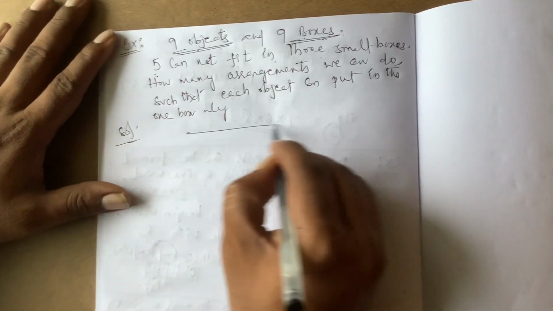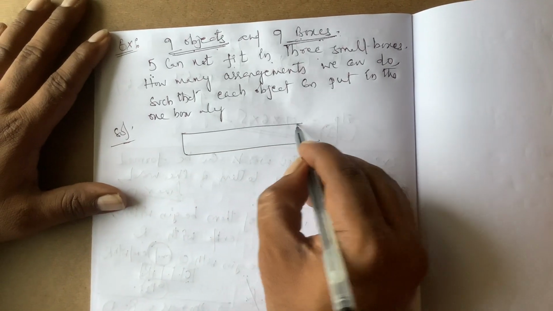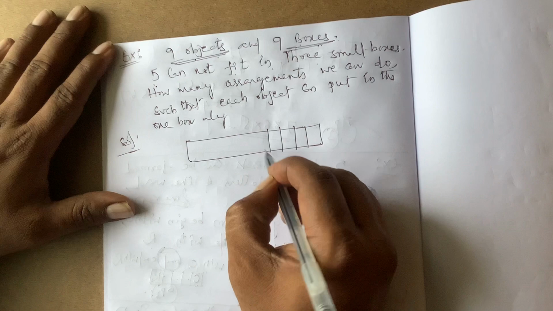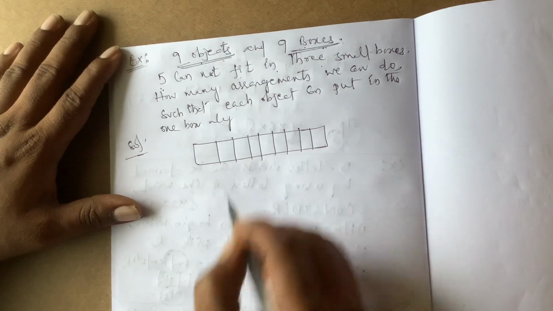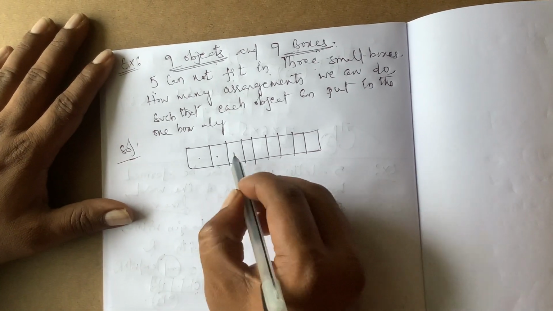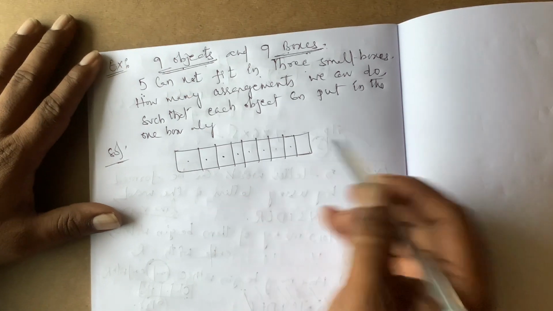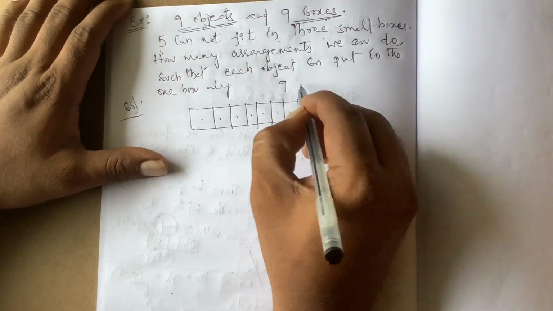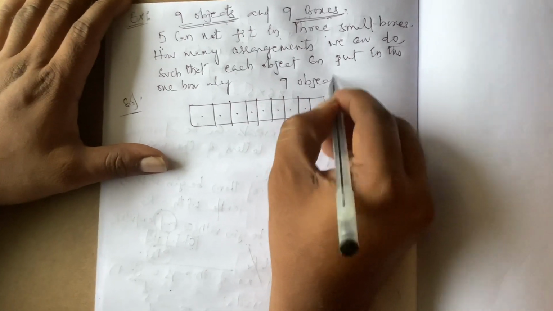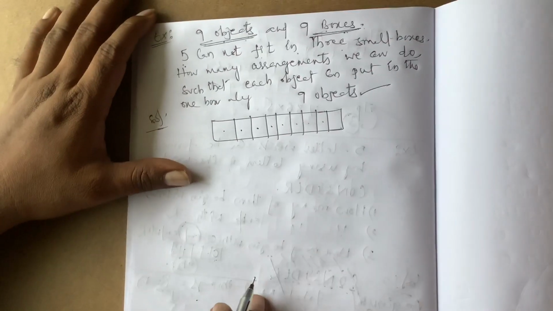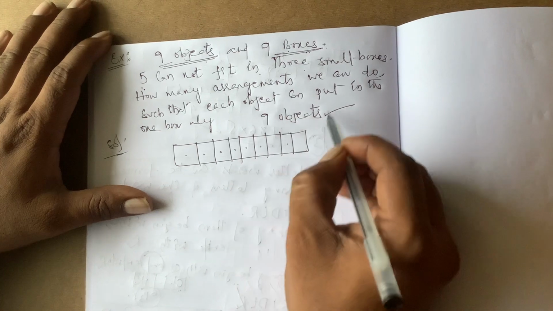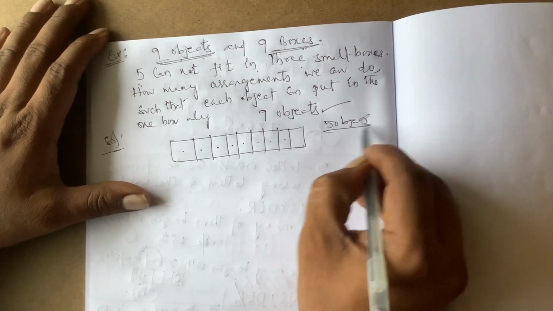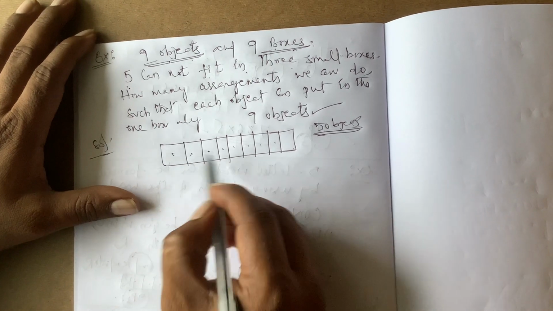So first of all, 9 boxes are there. I can take them as 9 sub-works. 1, 2, 3, 4, 5, 6, 7, 8, 9. 9 boxes are there. So first of all, here 9 objects they have given. But out of these 9 objects, 5 objects you can't fit in 3 boxes.